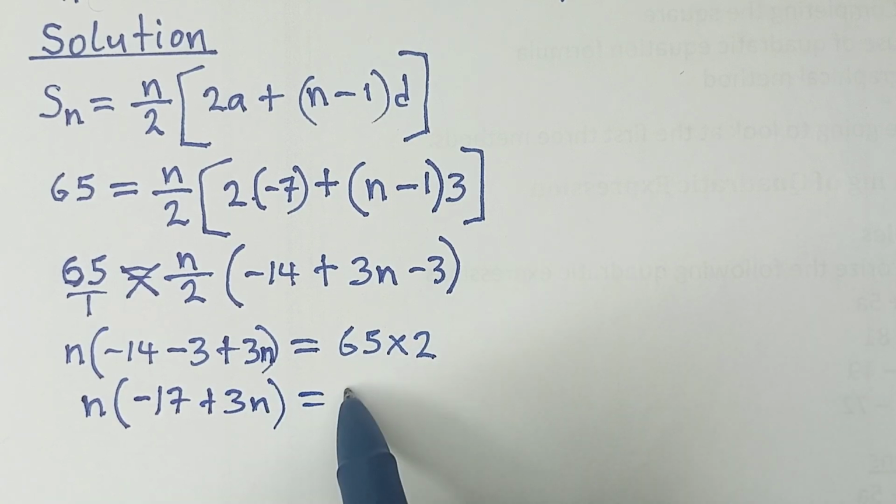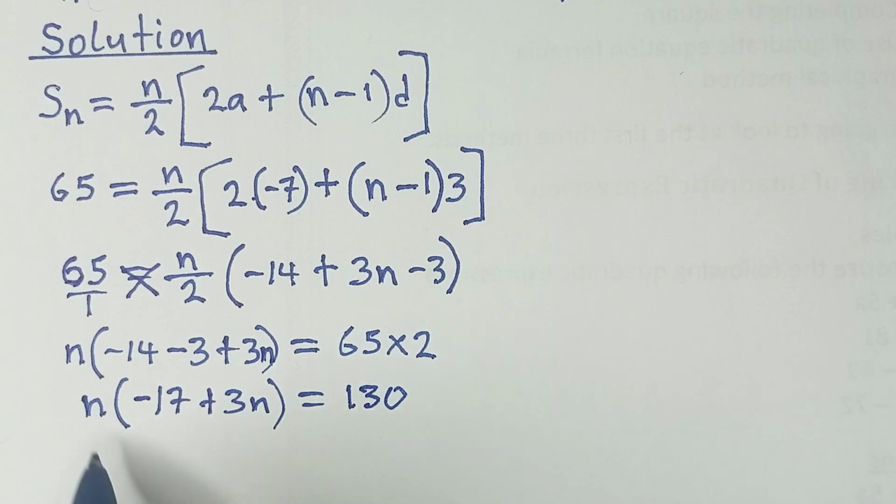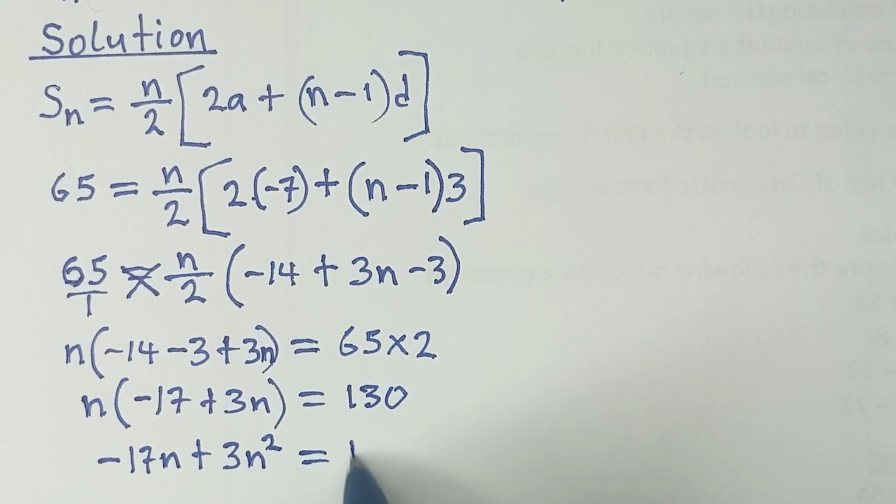Everything is equal to 130. 65 multiplied by 2 will give me 130. So if I expand this bracket, I have -17n plus 3n square. When n multiplies 3n, it gives you 3n square, and that is equal to 130.